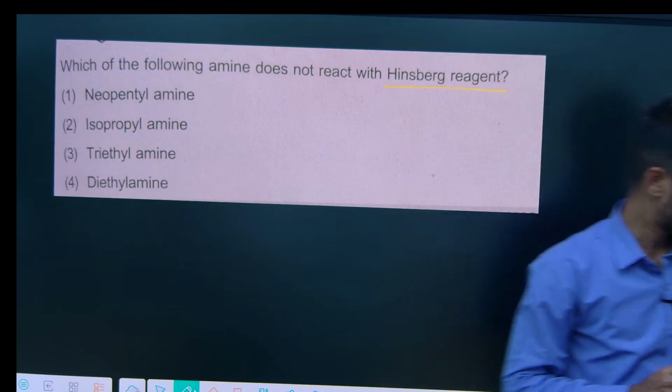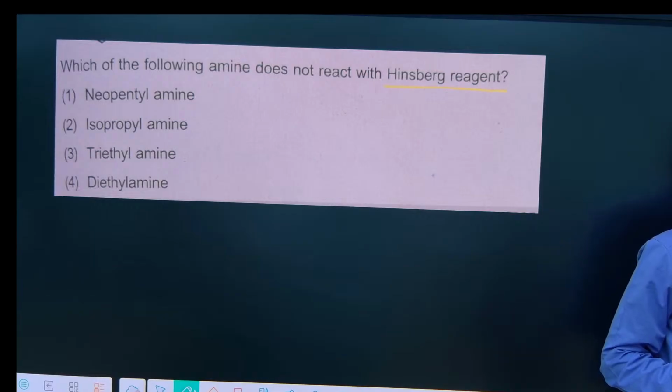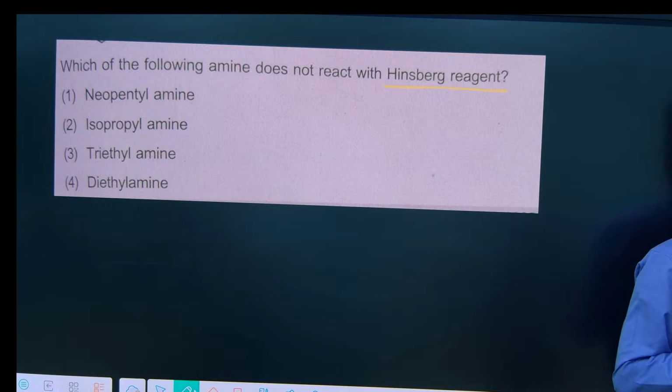Hinsberg reagent means what? Benzene sulfonyl chloride.